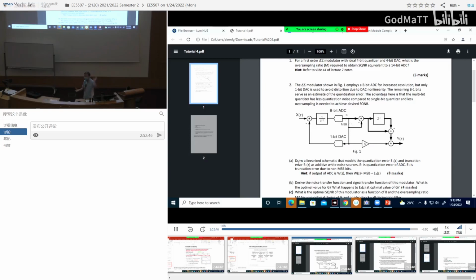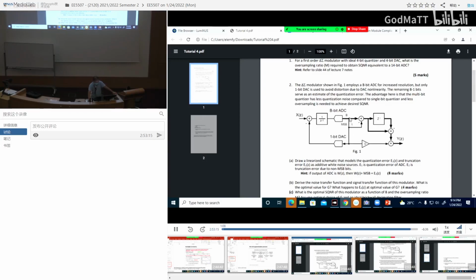Look at the previous lecture slide: it's a linear circuit, E1 plus X going to Y. Now you do the same thing. The only tricky part is doing this properly, so here is a hint: if the output of the quantizer here is W, then W equals E1 MSB plus E2.